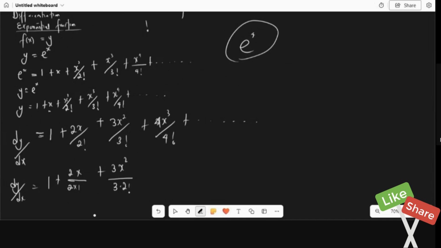Is that the same? Yes, because 3 factorial is the same as 3 times 2 times 1, and 2 factorial is equal to 2 times 1. So that means 2 factorial is this.